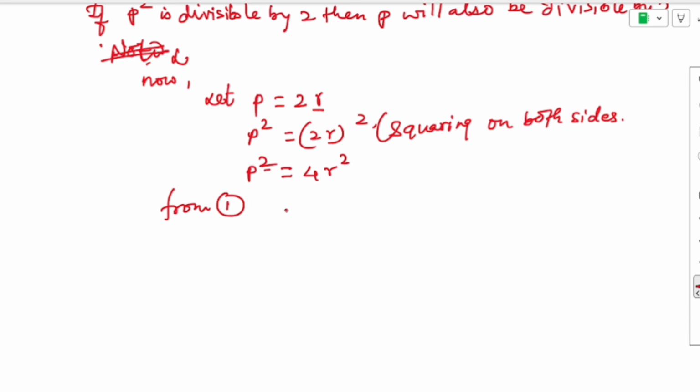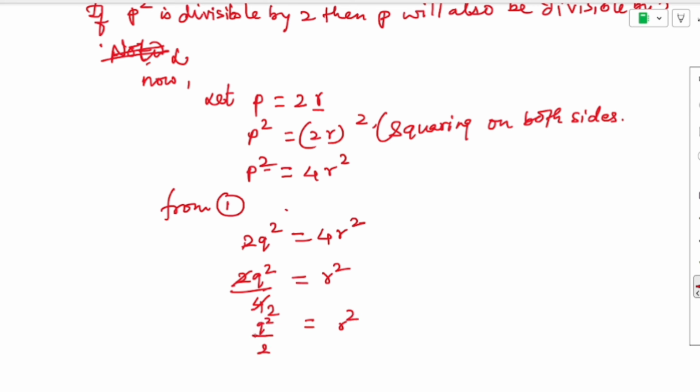Now from equation 1 we can put the value of P square as 2Q square, and it is equal to 4R square. Now we are sending this 4 to this side, so we get this equation. 2 ones are 1 and 2 twos are 4, so from here we get R square is equal to Q square upon 2.